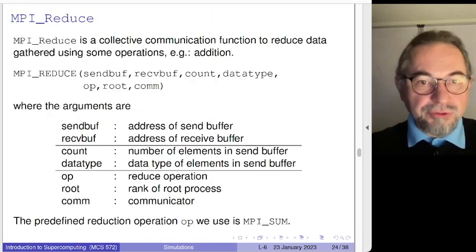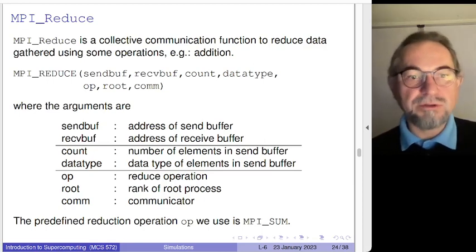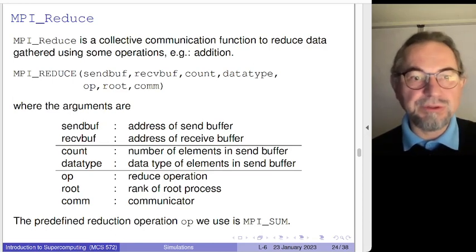Okay, I should also show the syntax. There is the collective communication that reduces data. One can also have more than one number, but here we will do this only for one.